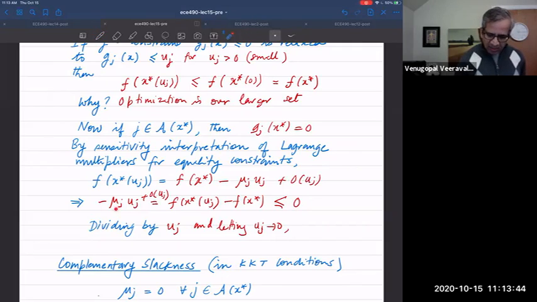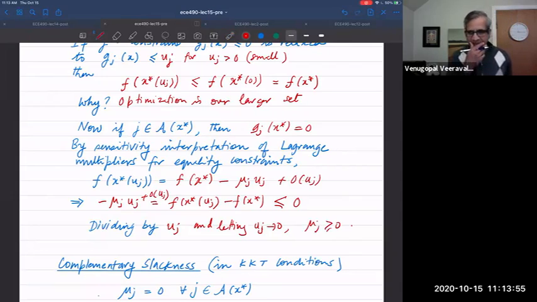So minus mu j is not positive, so mu j is non-negative. Okay, makes sense? All right. Any questions? So this is kind of the intuition for why with inequality constraints, you have a non-negative Lagrange multiplier.